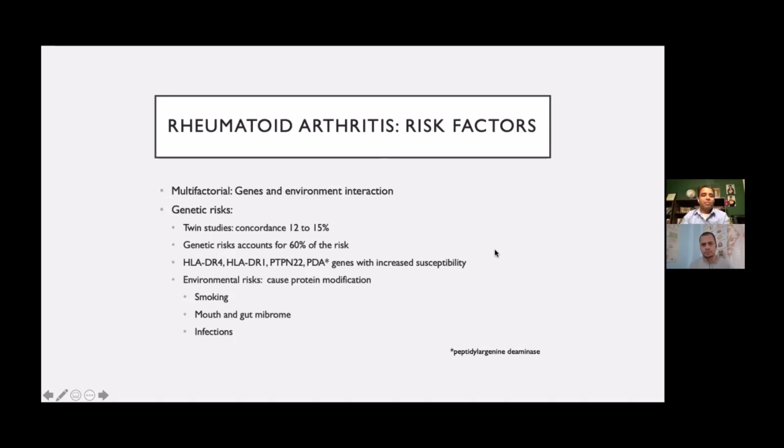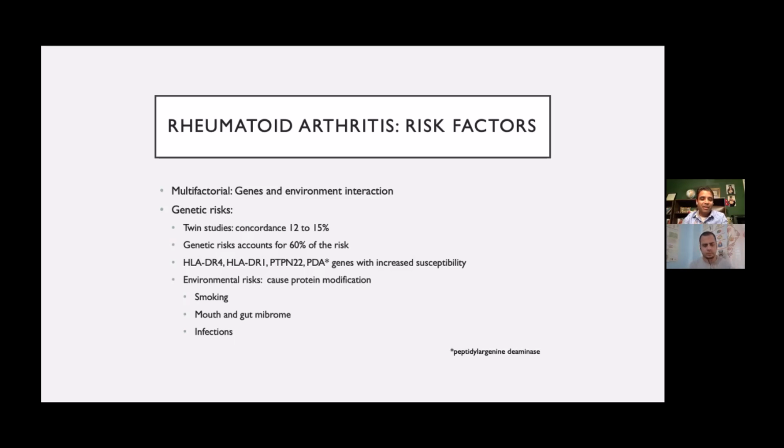Now, when we talk about the pathophysiology of rheumatoid arthritis, these are the key risk factors that are known so far, and we consider rheumatoid arthritis a multifactorial disease, meaning you have an interaction between genes and the environment. Some of the common genetic risk factors that are considered include HLA-DR4 and HLA-DR1.